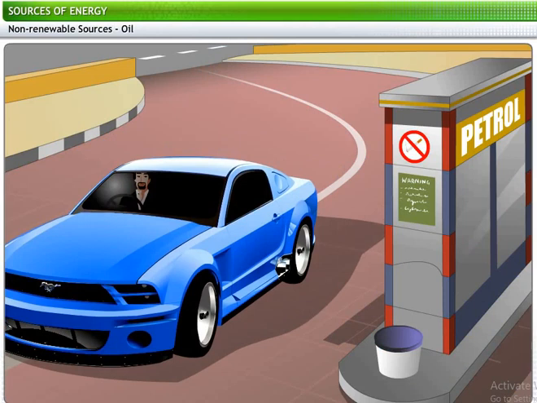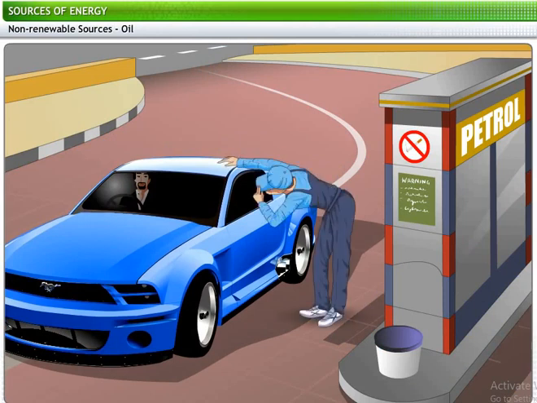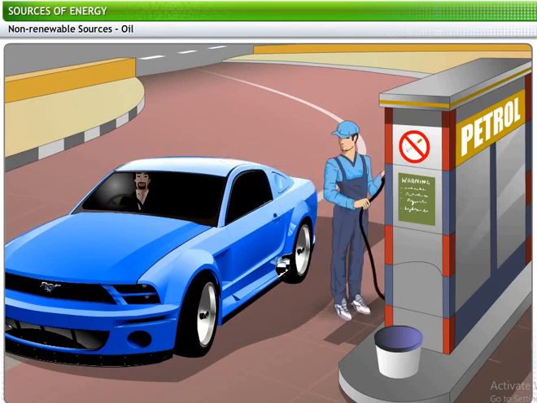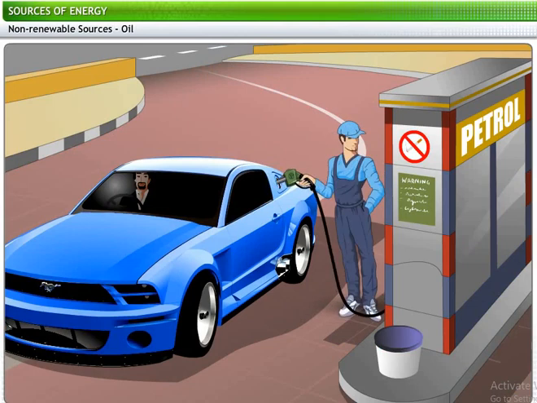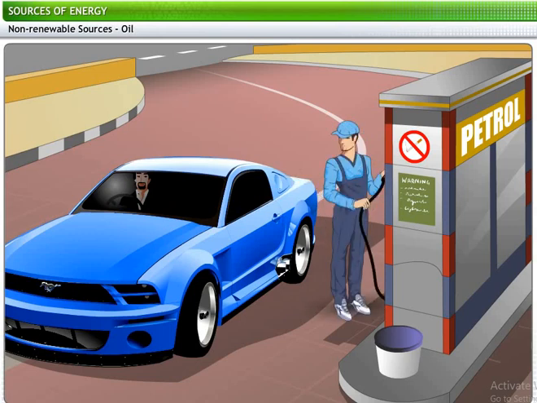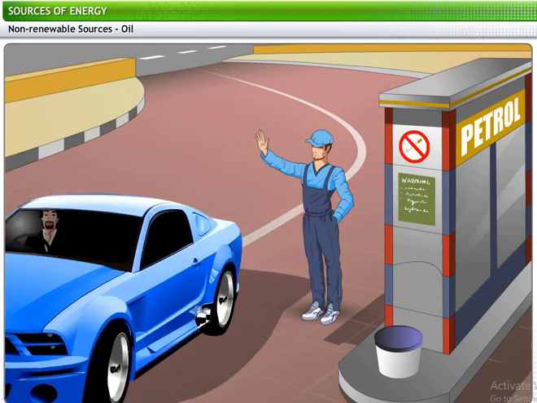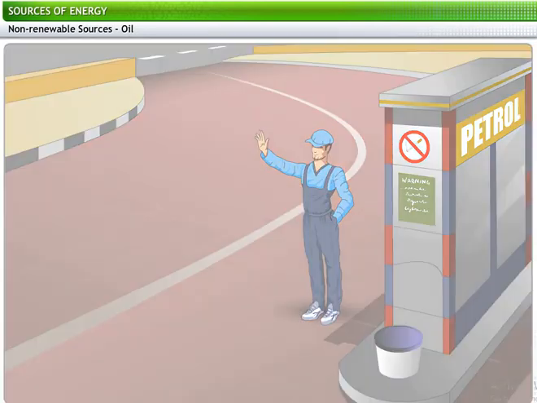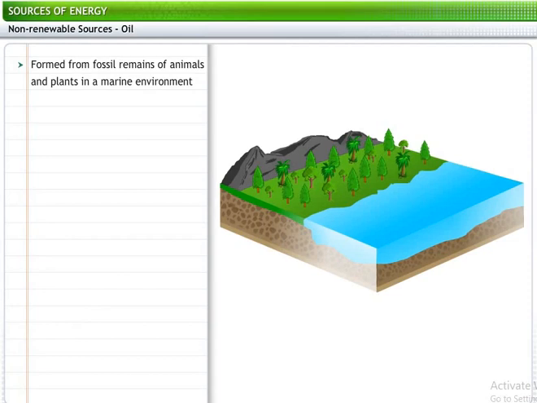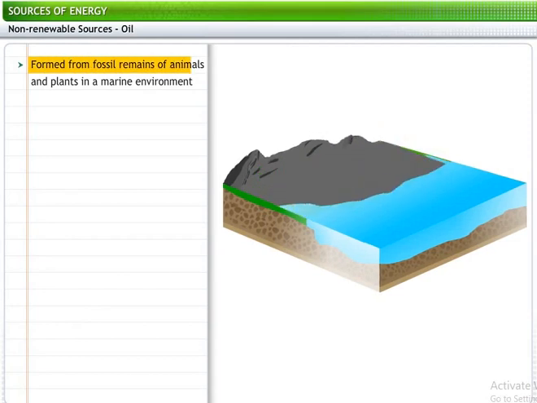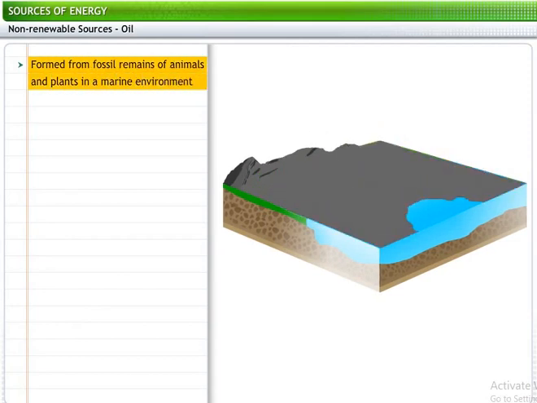Every time the government raises petrol prices, there is a flurry of protests because it raises our expenses significantly. We need petrol for our vehicles and other petroleum-based products to run industries. We obtain petrol from oil. Oil is formed from the fossil remains of animals and plants in a marine environment.